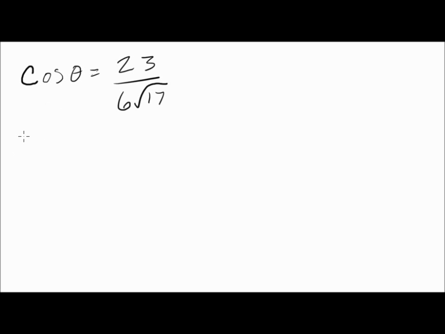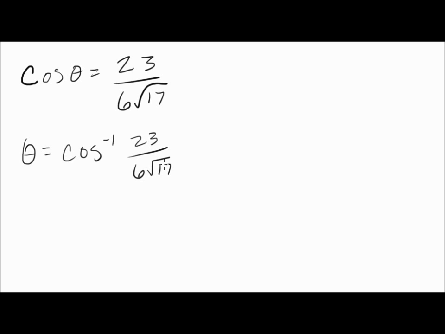So we know from our trig functions that if we want to find theta, we've got to take the inverse cosine. So theta is going to equal the inverse cosine of 23 over 6 times the square root of 17, which is going to be our answer. That's what theta is going to be, or we could find a decimal, but for this case, this will work.